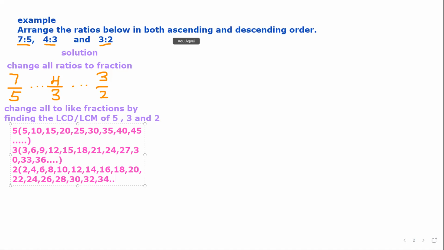Then you can also put dots indicating that the multiples have no end.